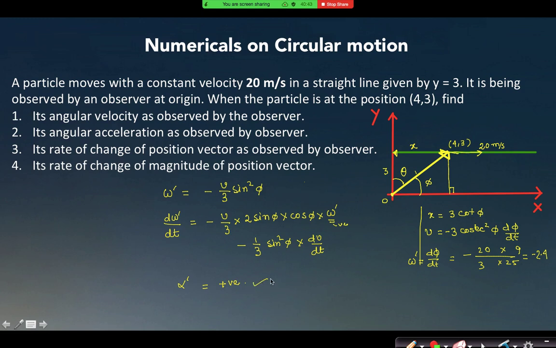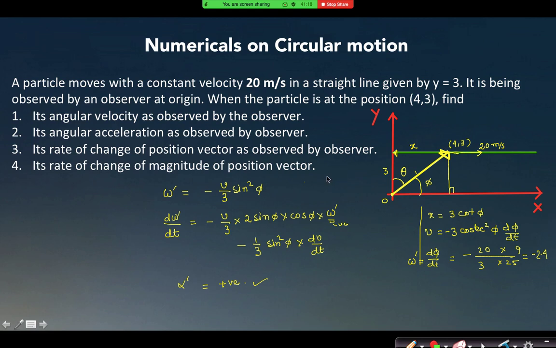Look, alpha is always opposite to the direction of omega, because if the particle is moving away along this line, as time passes the angular velocity of the particle actually decreases. Yes or no? That is why alpha will always be in the opposite direction to omega. You remember the retardation concept in one-dimensional motion?